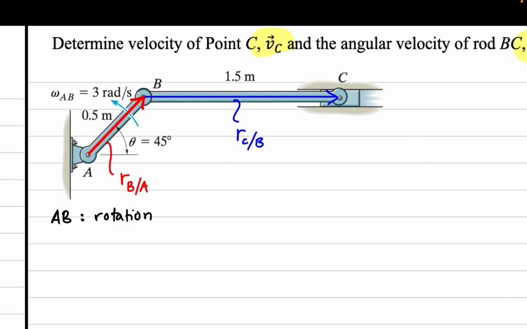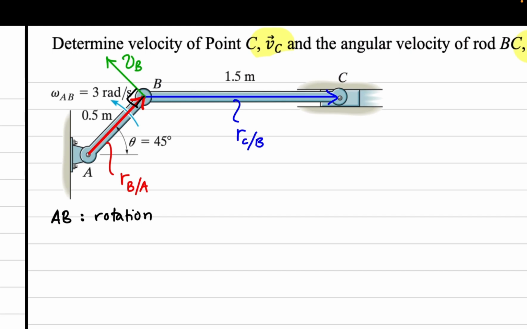By looking at this figure here, we should know that the direction of velocity of point B, VB, must be pointing in this direction. This will be VB. Why? Because it is 90 degrees to the position vector RB/A, or it is actually tangent to the path of point B.